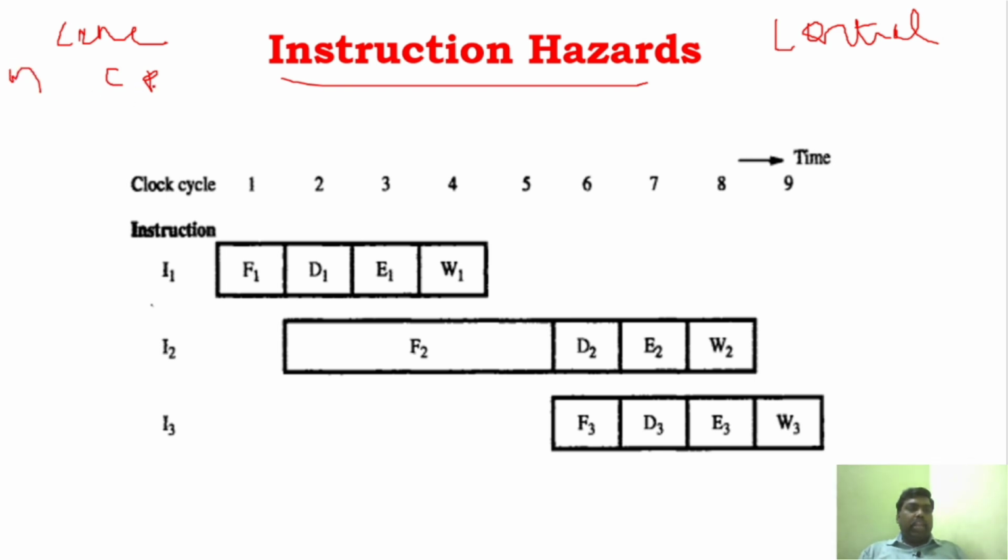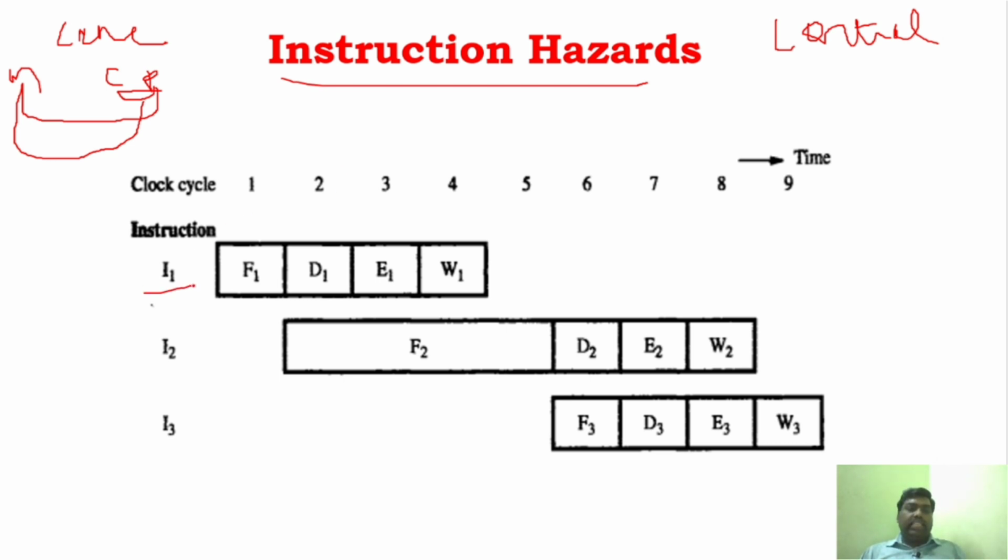The processor will get all the information from the cache itself, so it will take less time. If the cache misses the instruction, then the processor has to go to the main memory, get the information and bring it back to the processor again. So it will take more time, and because of that, an interruption will happen in the pipelining. That is called an instruction hazard.